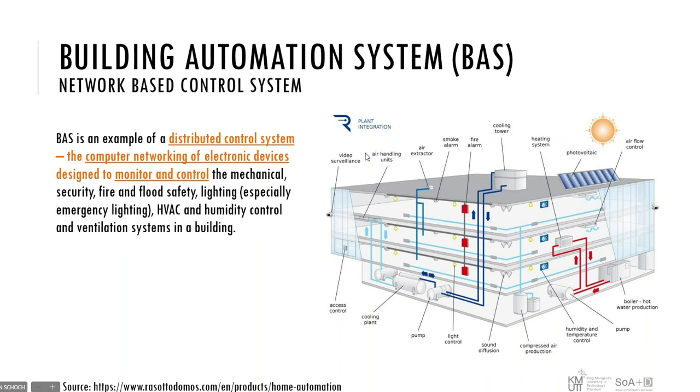And the systems that I mentioned, I can repeat them one more time: that can be security related, fire safety related, also resilience related, such as flood safety, whether there is flooding in a basement or in vulnerable areas, lighting control, emergency lighting, thermal control, humidity control, or air quality control.